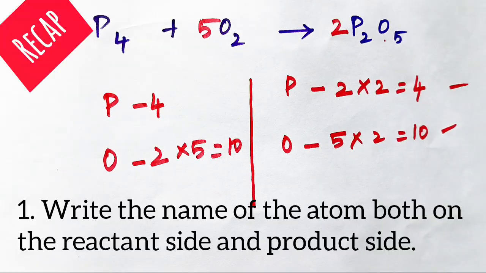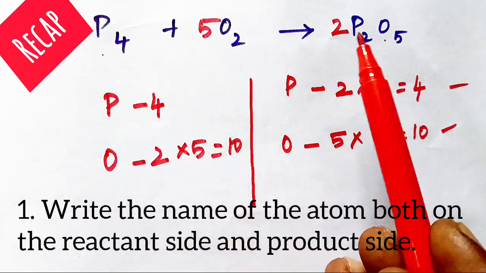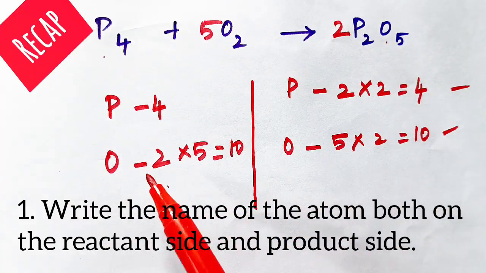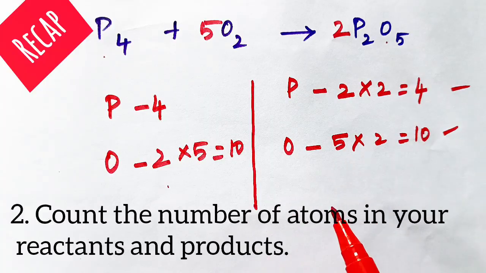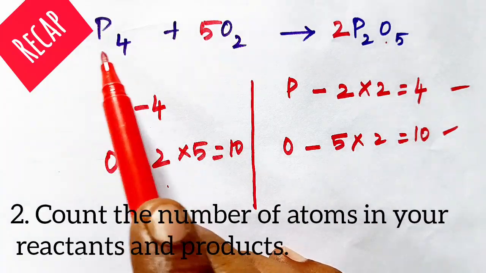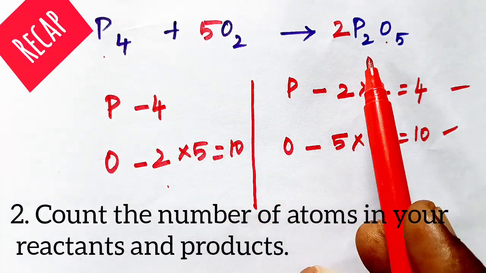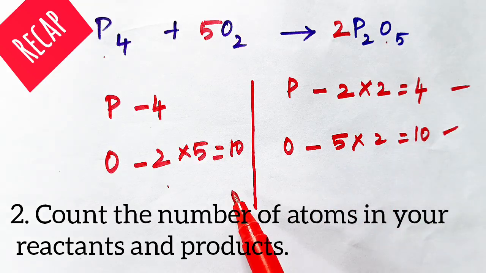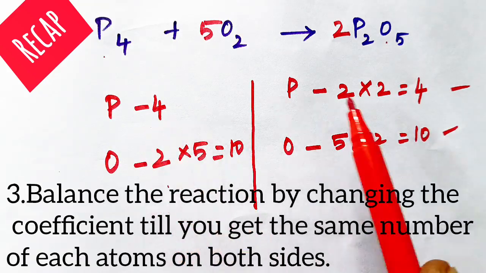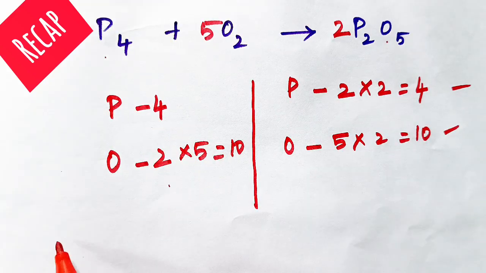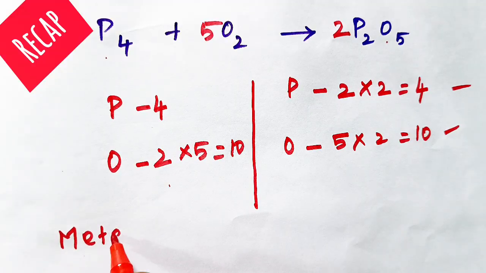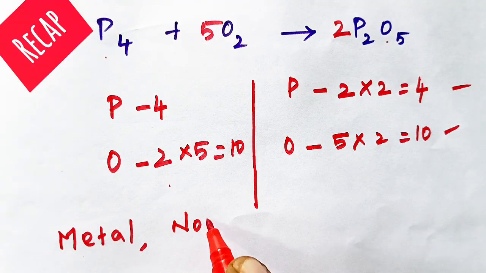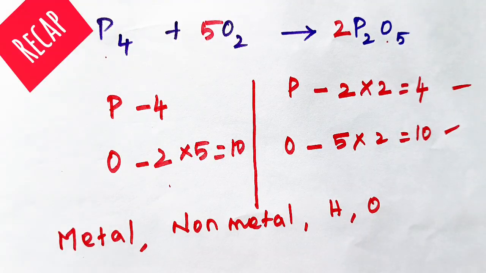To balance a chemical reaction, the first step is to write the names of the atoms present in the chemical reaction, on the reactant side and product side. The next step is to count the number of atoms in your reactants and also in your products. Then the third step is to start balancing. Always balance in this order: metal first, then non-metal, then hydrogen, then oxygen.